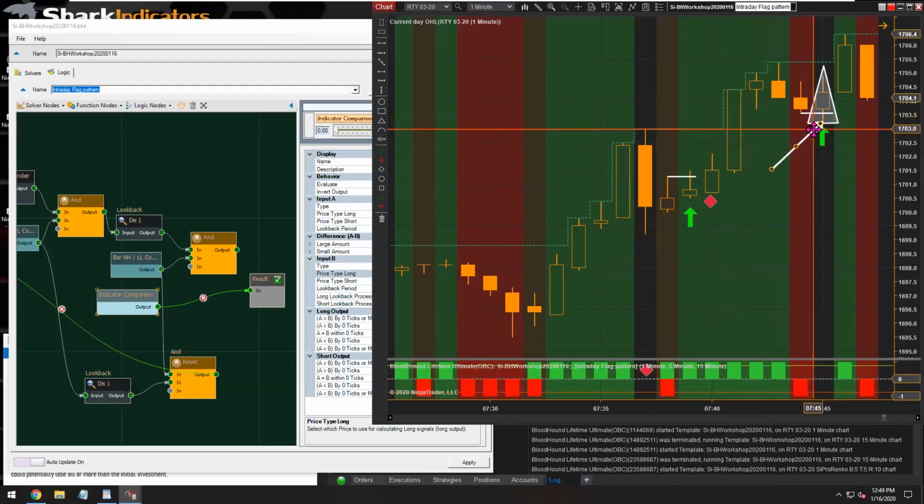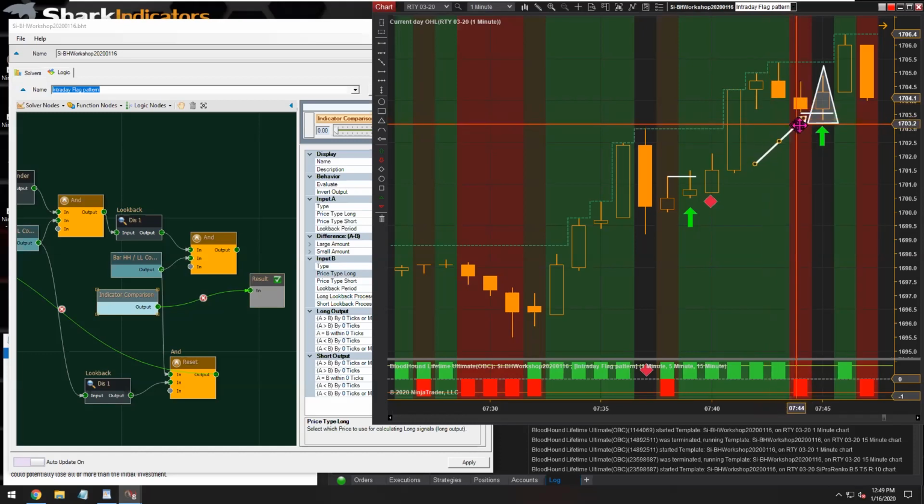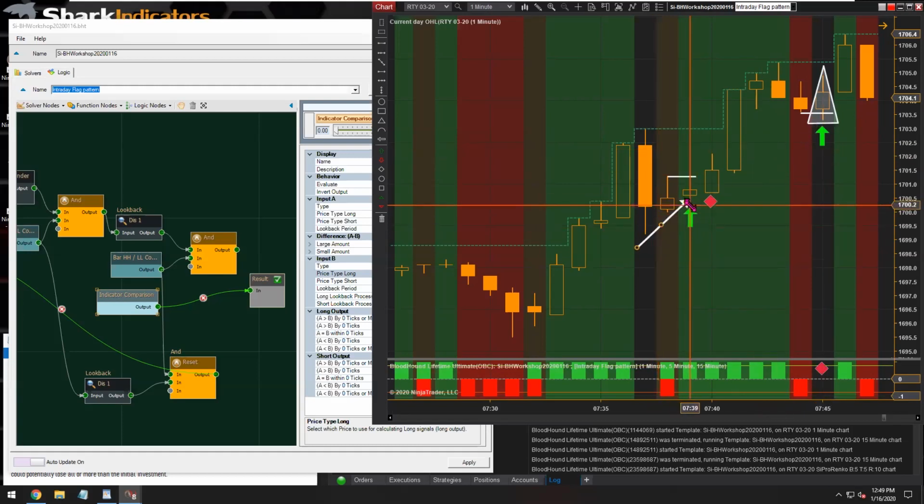But over here the lows are going lower, and on this signal bar the low went lower, and there's no long output. The absence of this long output will kill the signal. Remember, back on this signal, we have a long output on this signal bar because the low went higher.